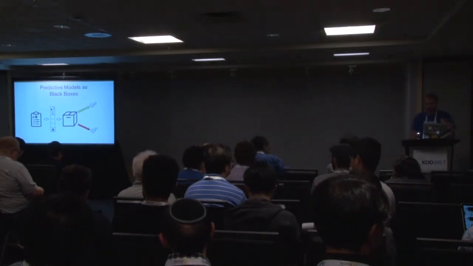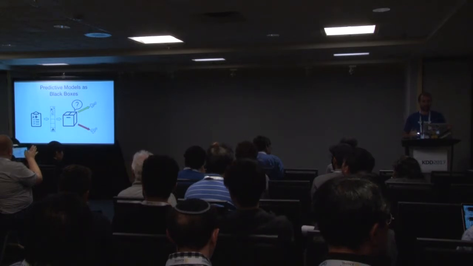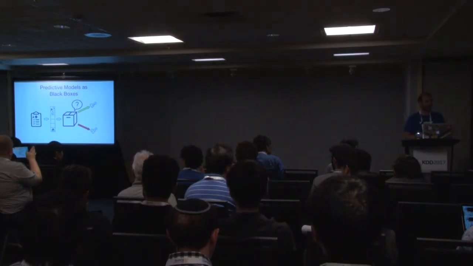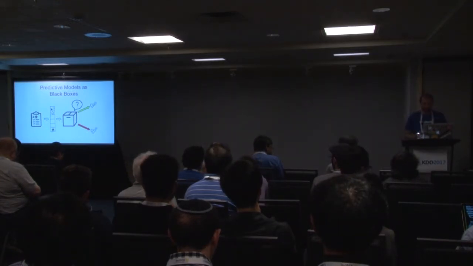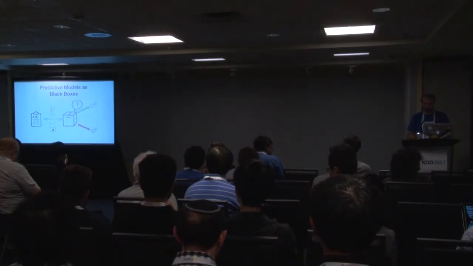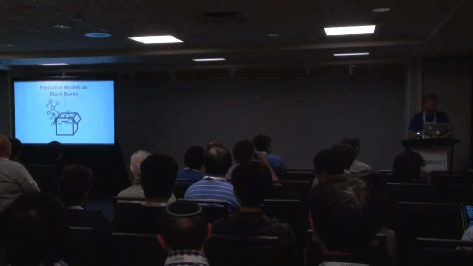So the goal of this work is to take the prediction model and understand why the outcome was a negative one. We will do that by pre-processing the content of the black box, in this case the machine learning model.